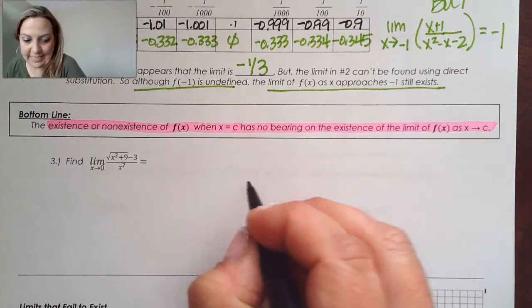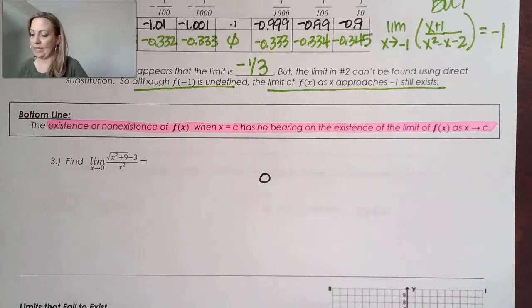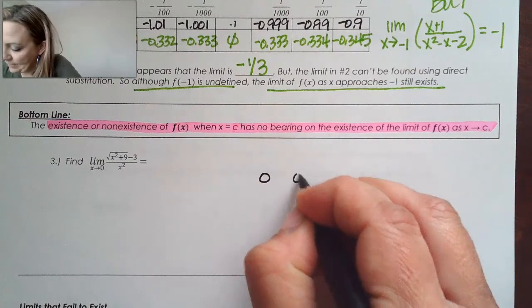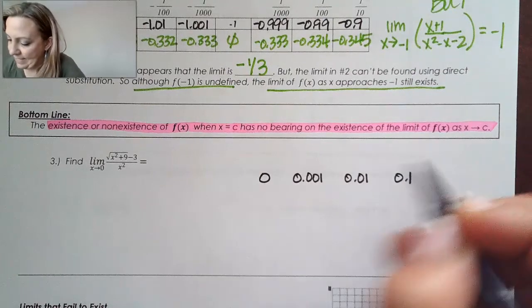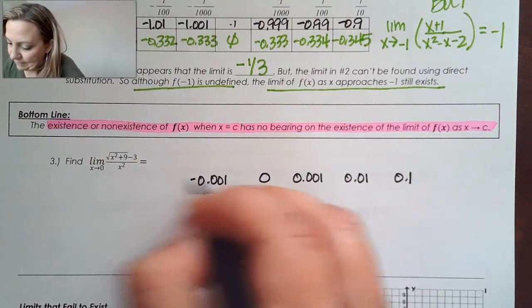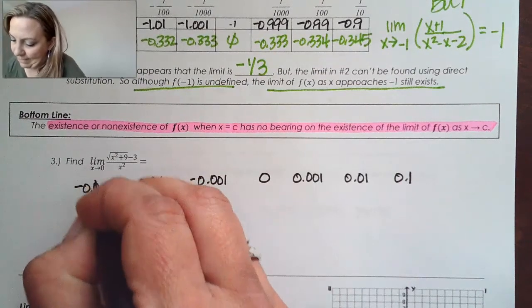In the middle of my table is going to be 0. And then we're going to be adding 1,000th, 100th, and 1/10, and then subtracting 1,000th, subtracting 100th, subtracting 1/10.